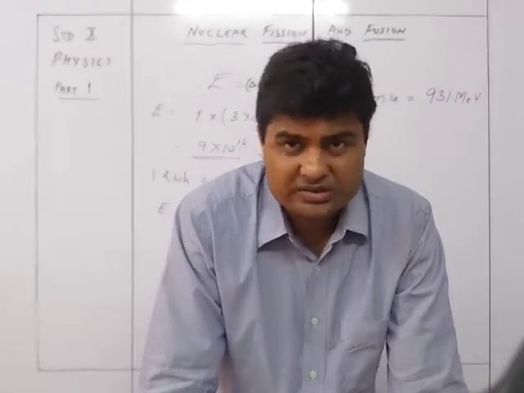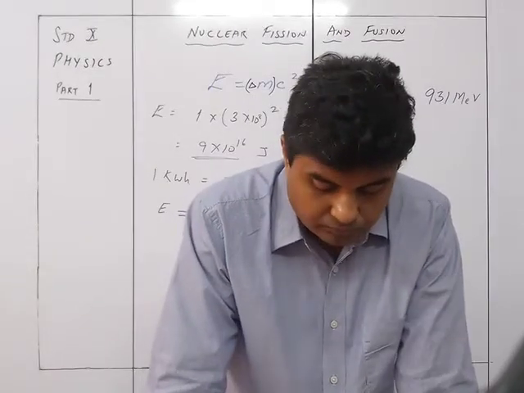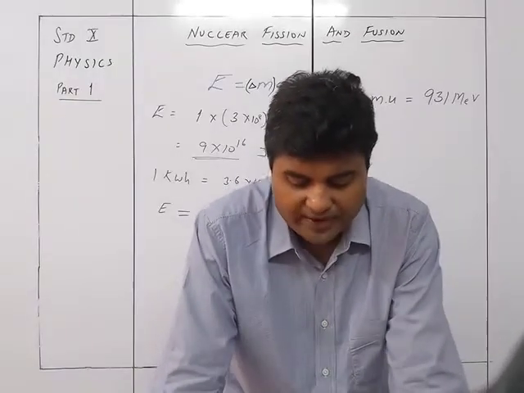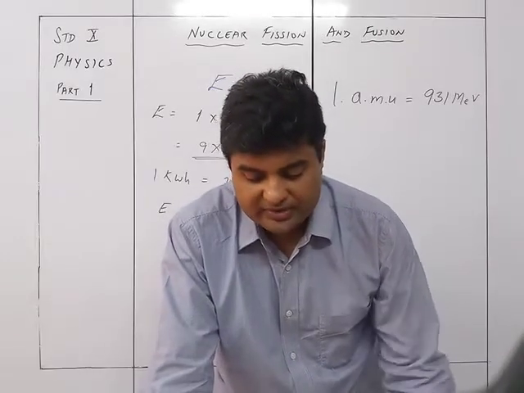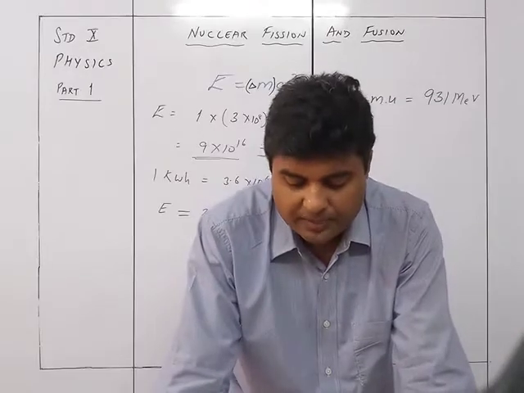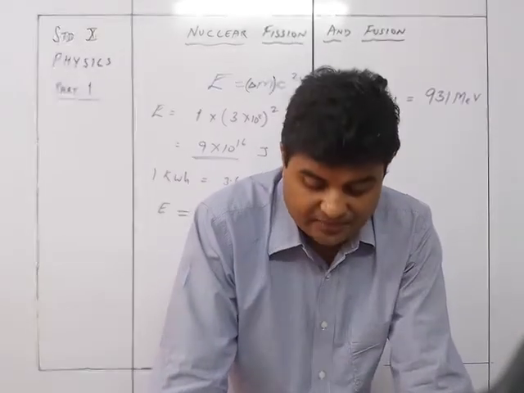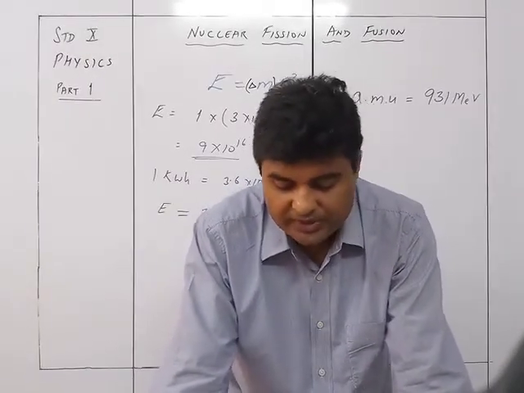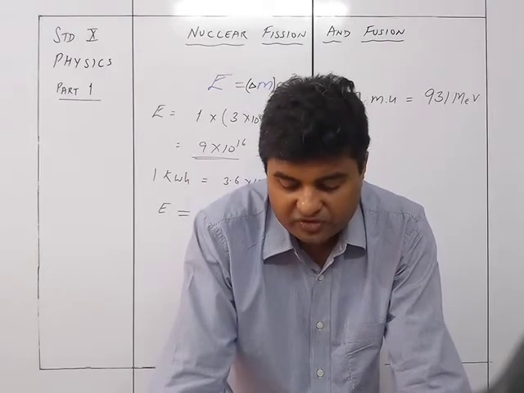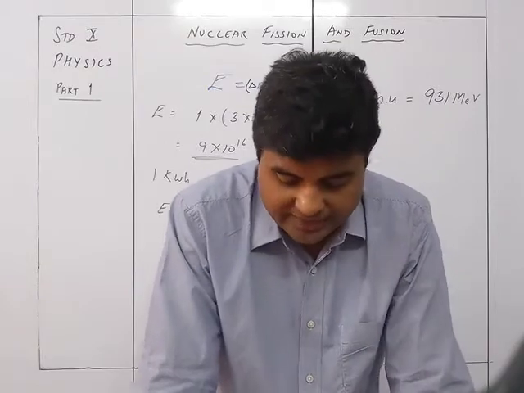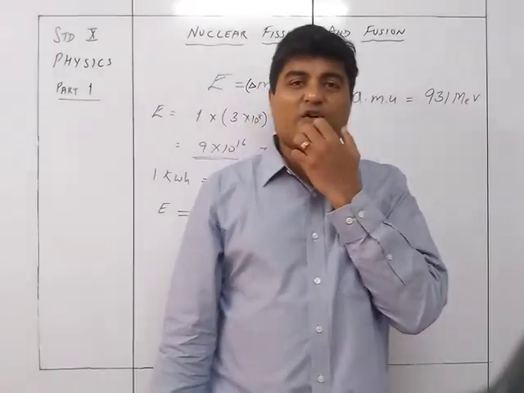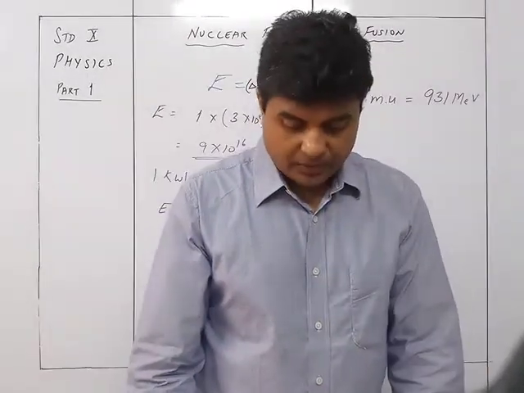You don't need to learn this, not a problem. Proton is 1.6725 into 10 raised to minus 27 kg, 1.00727 AMU, 938.3 mega electron volt. Neutron is 1.6748 into 10 raised to minus 27 kg, 1.00865 AMU, 939 mega electron volt. So that is about the masses of the particles of the atom.